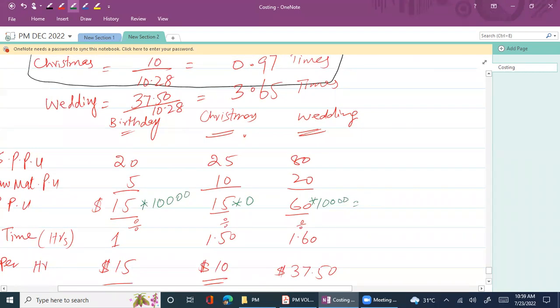Okay, fine, 10,000. So from birthday, I will be having 150,000 as a throughput. From wedding, I will be having 600,000 as a throughput. And from Christmas, I am having 0. So this will be 750. And then I will subtract the fixed cost, so I will get a profit.